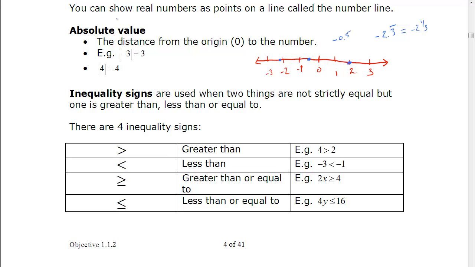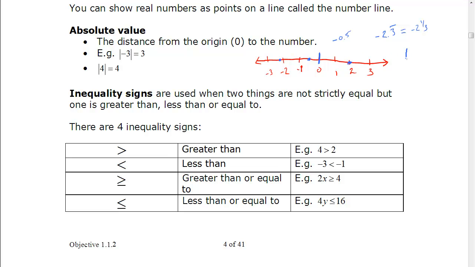Absolute value is represented by these two lines around a number, and what it means is the distance from the origin. The origin refers to the 0 point. So this is the distance from the origin to any number. So the distance from 0 to 2 is 2 spaces, or 2 units.